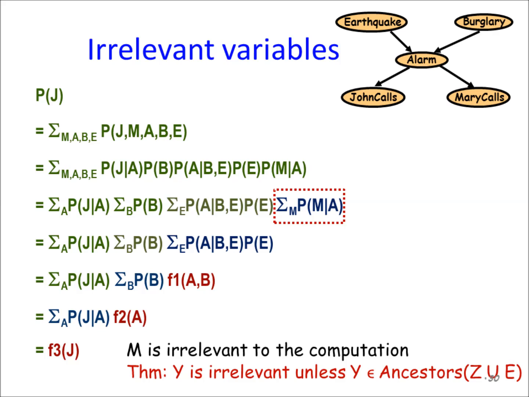The probability of John calls depends on: earthquake might have happened, burglary might have happened, alarm might have happened. Once the alarm happened, then Mary called is independent and John calls is independent. So the descendants don't matter. Now if you're conditioning on the descendant, then life is different. But here you are just computing the marginal probability. So what is happening below my query and evidence variables is not important. What is happening on the side is not important. What is happening above me is important because that is where the information is flowing from.